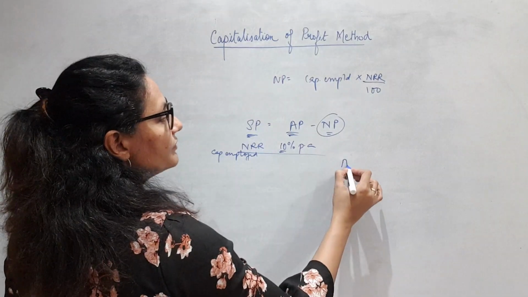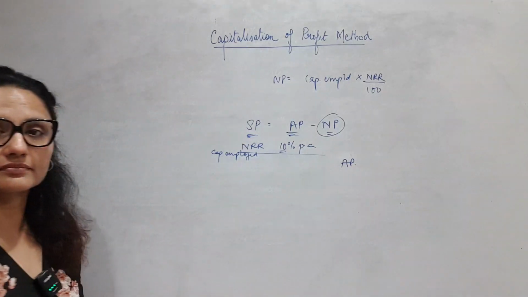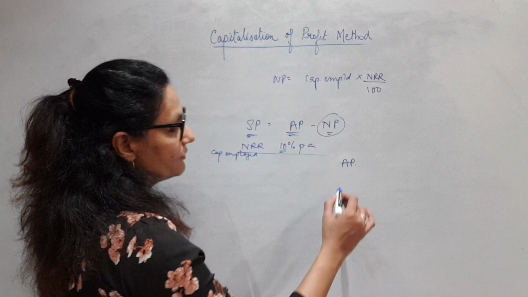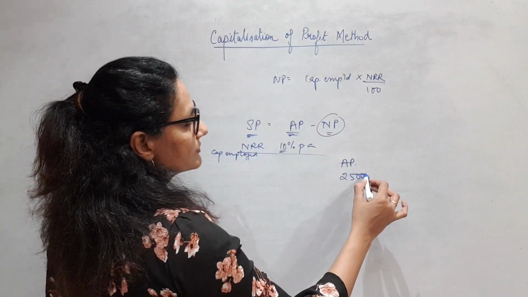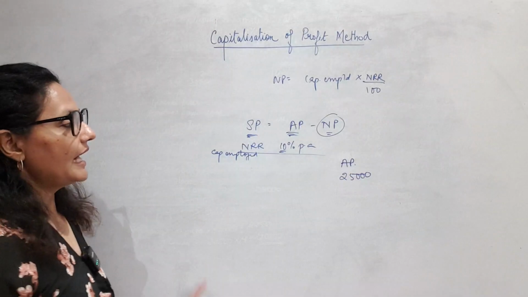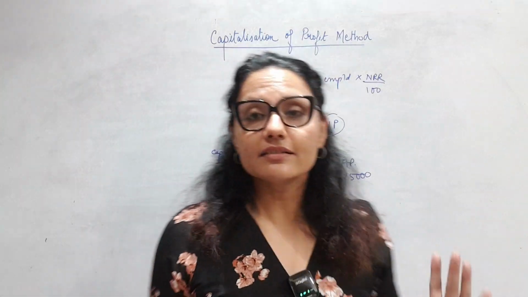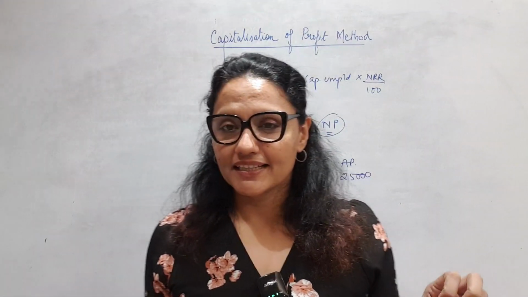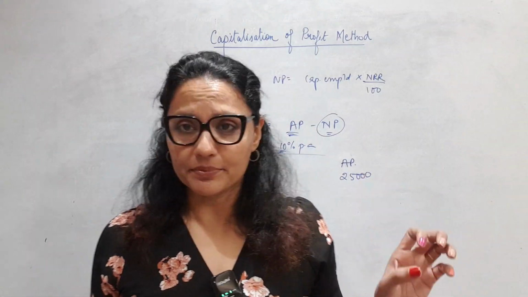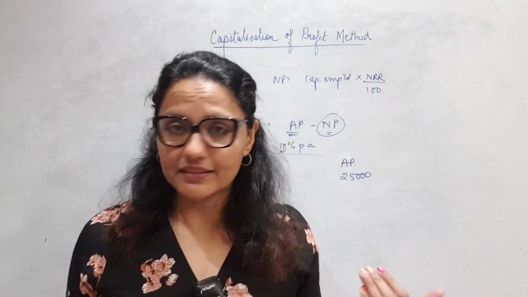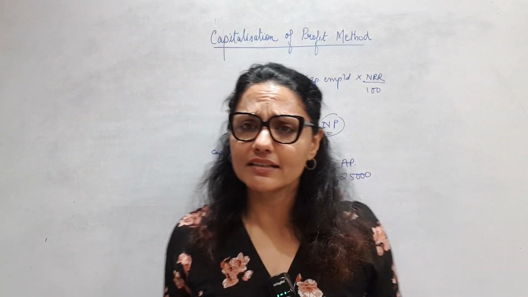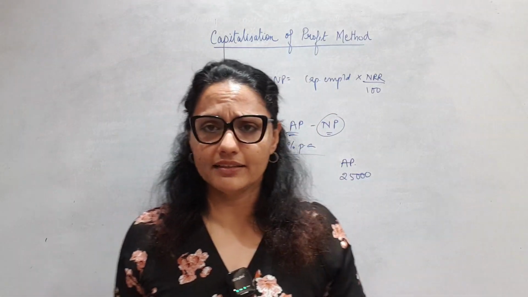If your average profit is given to you as 25,000, and the sum says normal rate of return is 10%, tell me how much capital should be invested to get this level of profit, if I consider normal rate of return 10%?